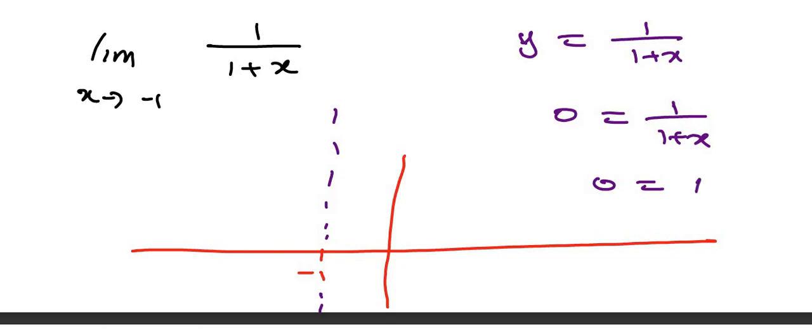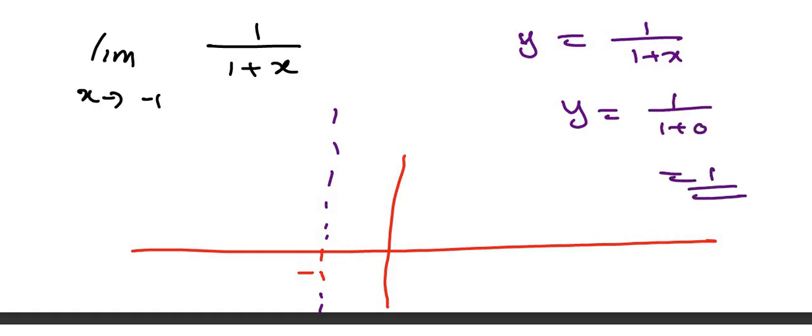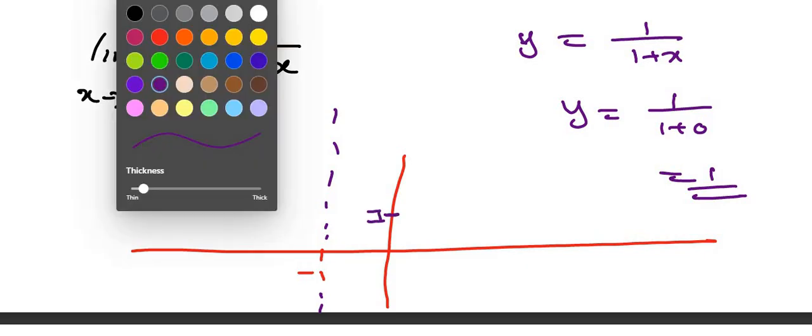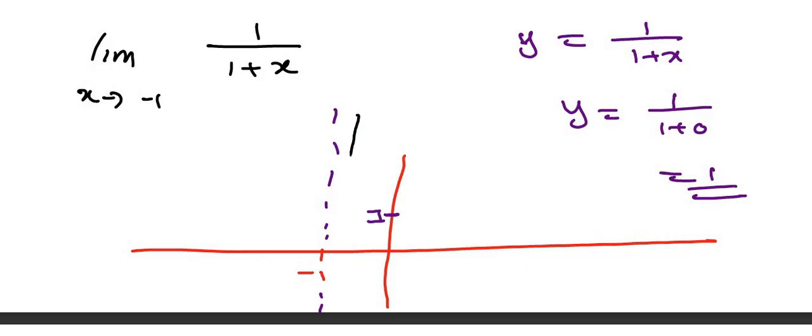So we're simply going to say the x-intercept does not exist. We do not touch the x-axis at any particular point. And how about the y-intercept? When x is 0, this is 1 over 1 plus 0, which just gives us 1. So we're touching the y-axis at point 1, making the graph look like this. The graph is supposed to look like this, and the twin will look like this over there.